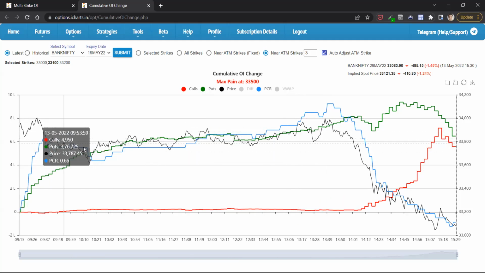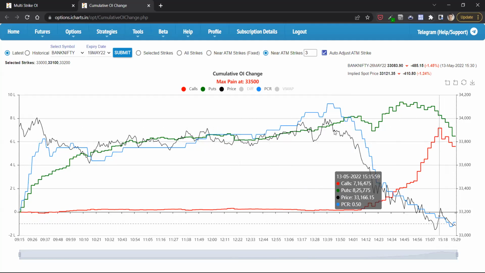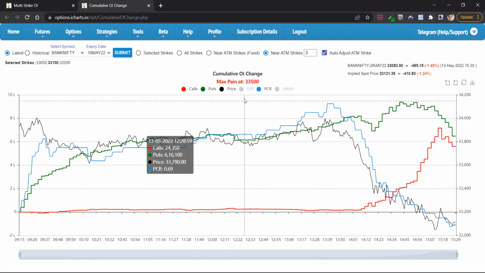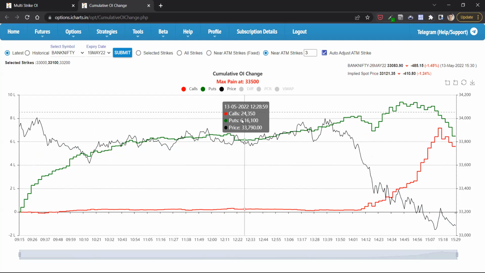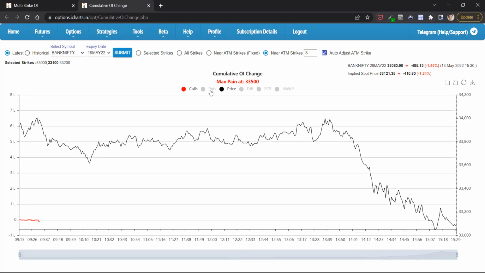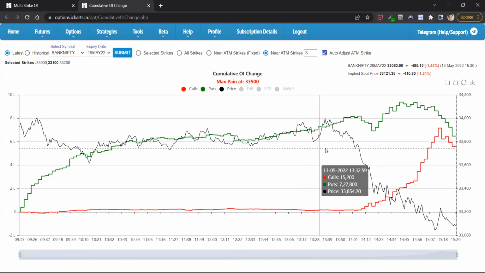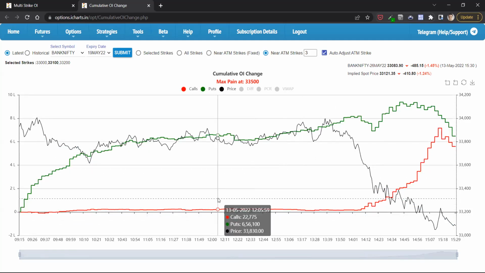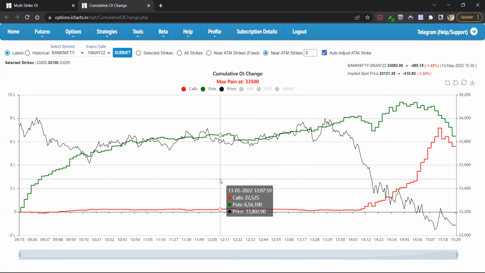Right, this black line that you see is actually the Bank Nifty futures line. So you will be cross-checking with that only, in the Bank Nifty chart?